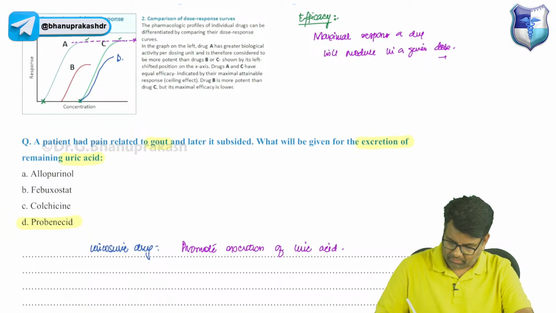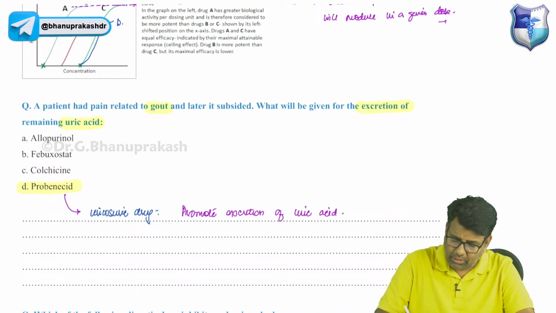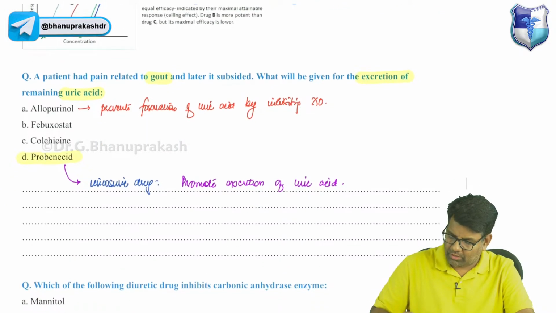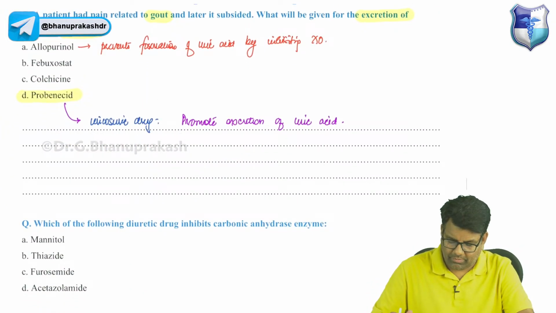Fine. So this is probenecid. Remember, allopurinol prevents formation of uric acid by inhibiting xanthine oxidase. Okay? Uricosuric. Right.